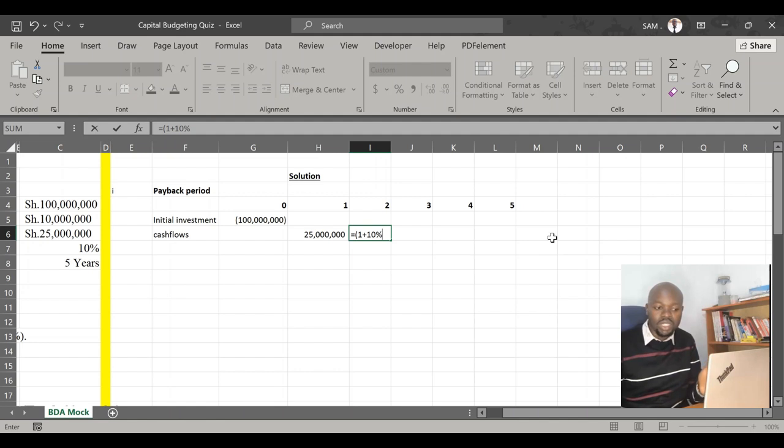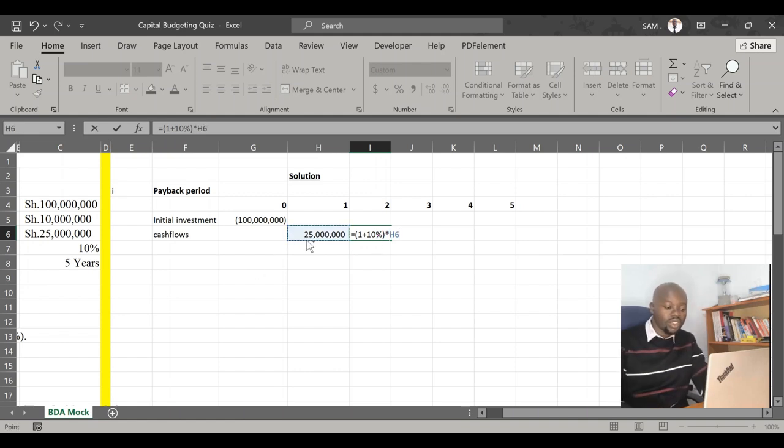We don't have to do the same in all the years. We are applying advanced Excel knowledge, and we do not have to do the formulas in all the cells. It will be so tedious. Now, when I type 1 plus 10%, Excel understands it as 100% plus 10%. Then I'm applying that growth rate to the cash flow in year one, which is 25 million.